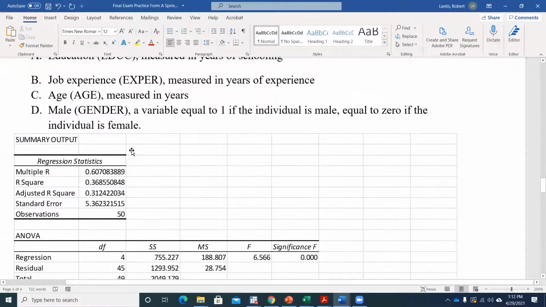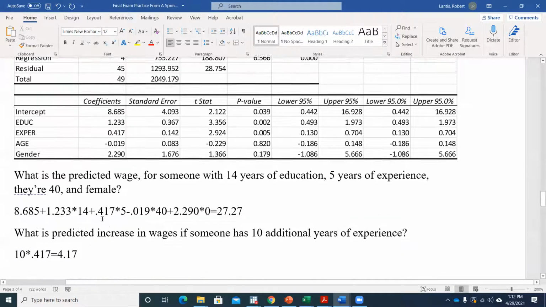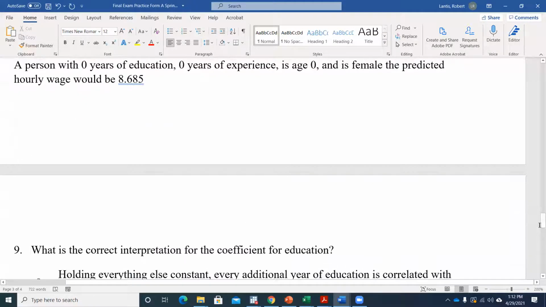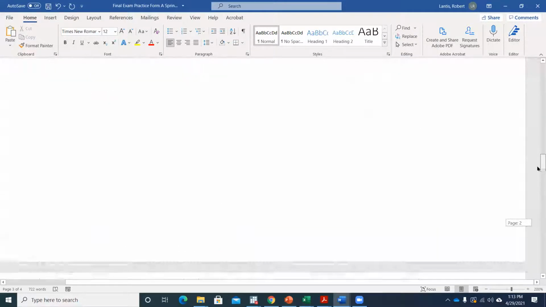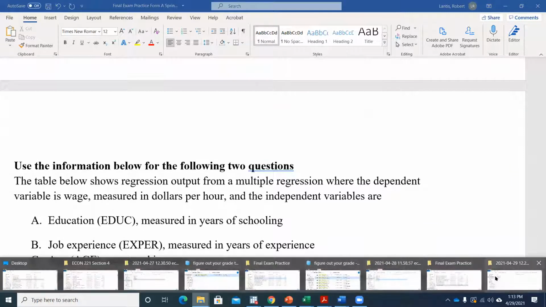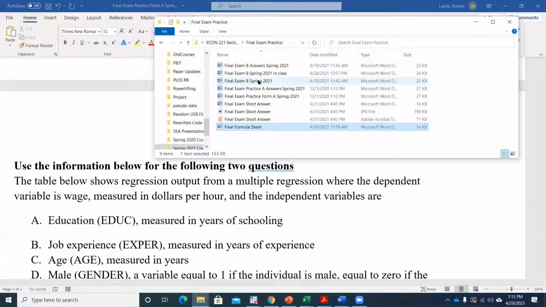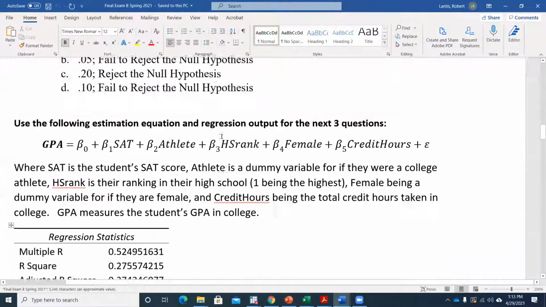Now, for some of the multiple choice, instead of giving you a big regression output like this, I might give you, it's a good example we have of this. I think it's on the other practice exam. So let me pull up the other practice exam here. I might give you something like this.